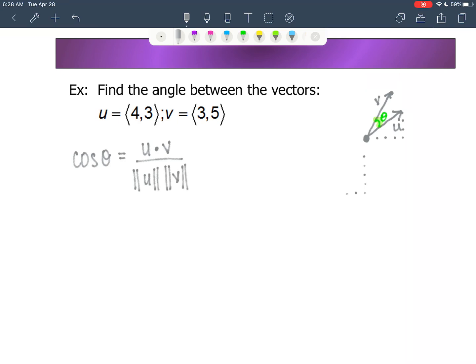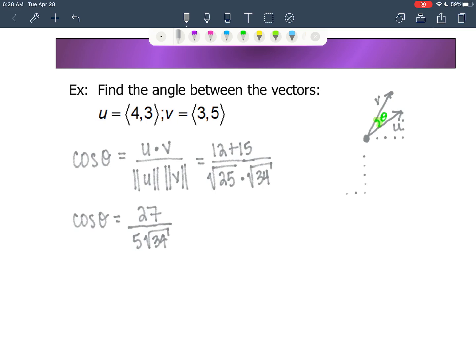So the cosine of theta is equal to u dot v, that would be 12 plus 15, over the magnitude of u, which would be the square root of 16 plus 9, which is 25, and the magnitude of v would be 9 plus 25, which is 34. So I'm going to have 27 over 5 times the square root of 34.